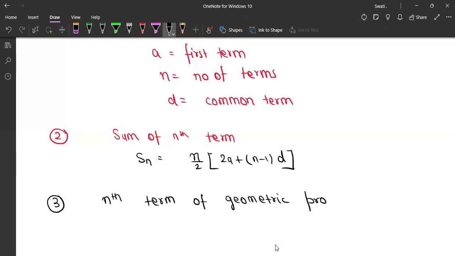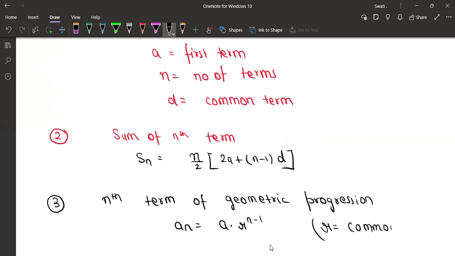So the nth term of a geometric progression, how exactly can we find that? We are simply going to use a formula. The symbol is the same, an. So an is equal to a times r raised to n minus 1, where a is again the first term and r is the common ratio.